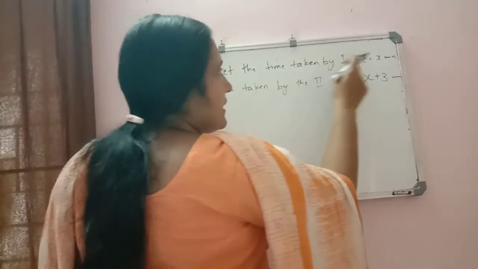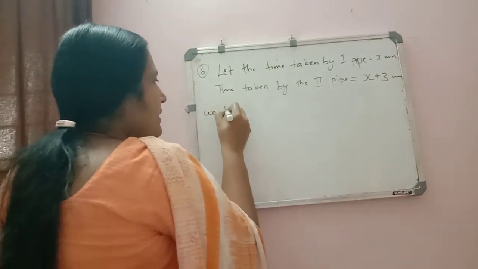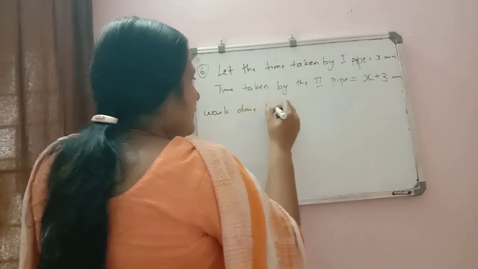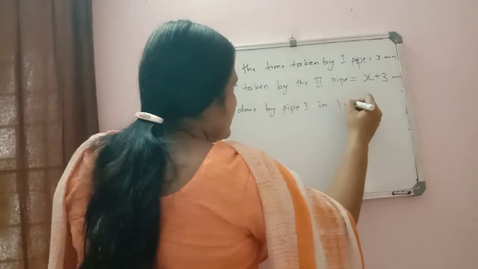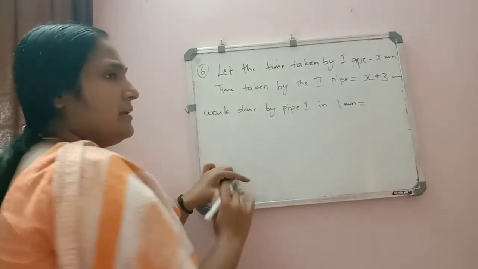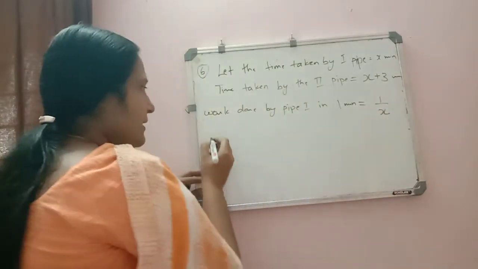Now we are going to use the concept work done there. So time taken by the first pipe is x minutes. So we will write here work done by pipe 1 in 1 minute. Since minute is given, we'll check in 1 minute how much work will be over. So that will be equal to 1/x.